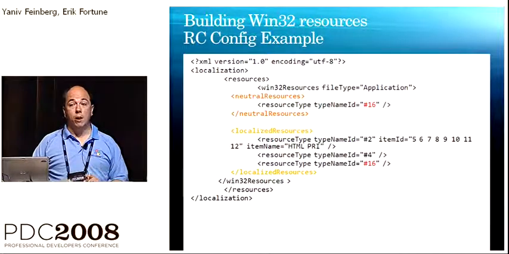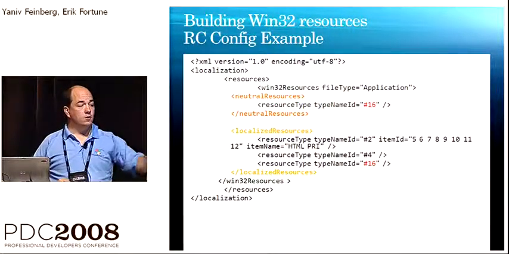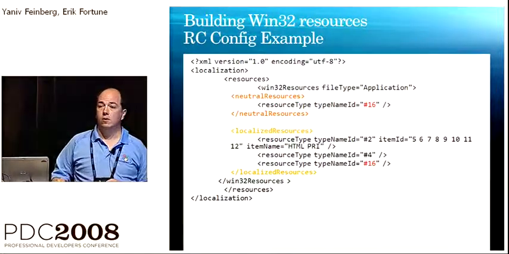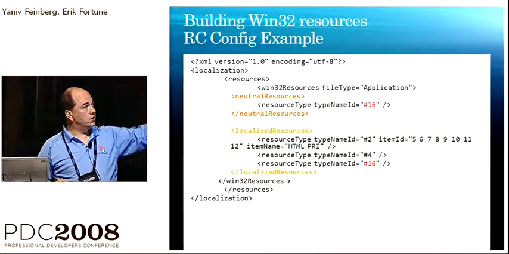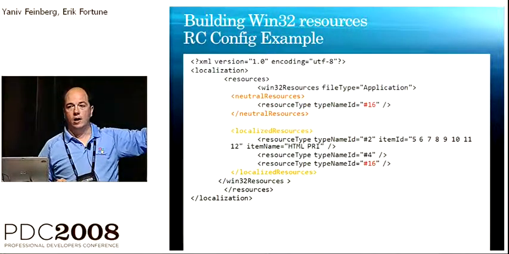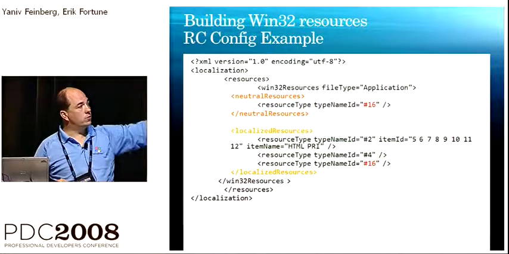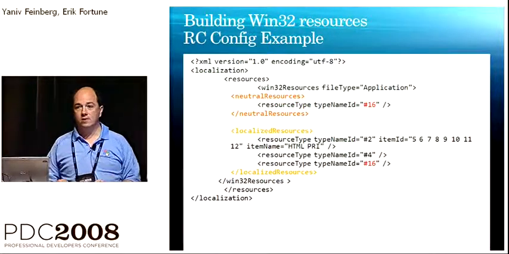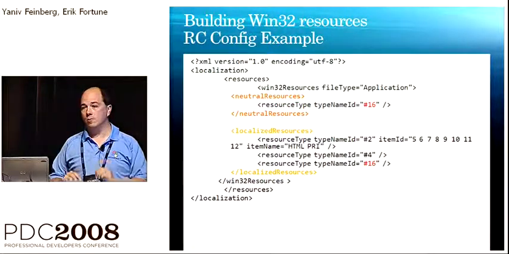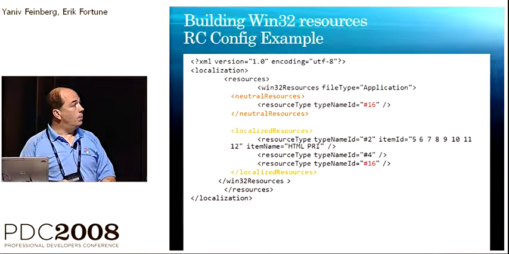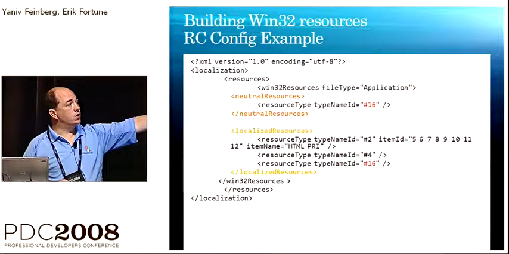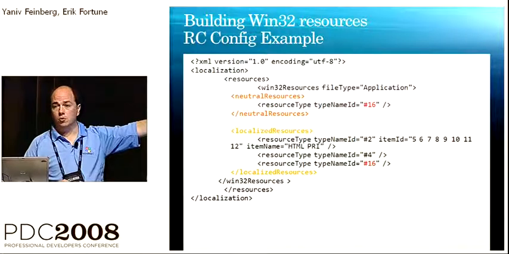And in certain cases, you might want to put a resource in both places. So there's also a neutral resources tag, which allows you to specify that one of the resources, which is localized, should also go into the neutral resources. In this case, we're specifying type 16, which is the version resource, which has to be in the file to get it loaded. The other thing to note here is that you can specify resources by type, which is the most common way to do things.